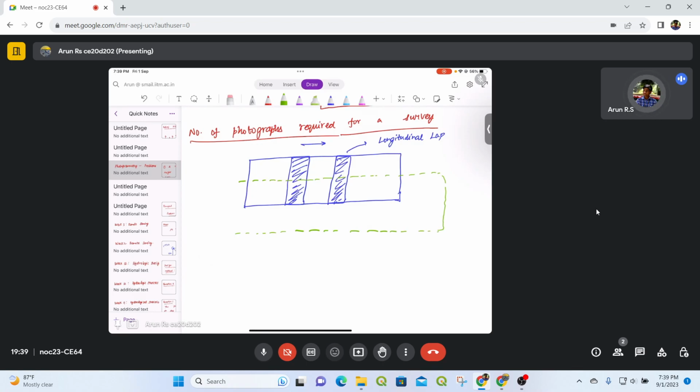When it comes this side, the second part is going to overlap on your first photograph as well on the sides. So you are going to have side lap. This is called side lap.